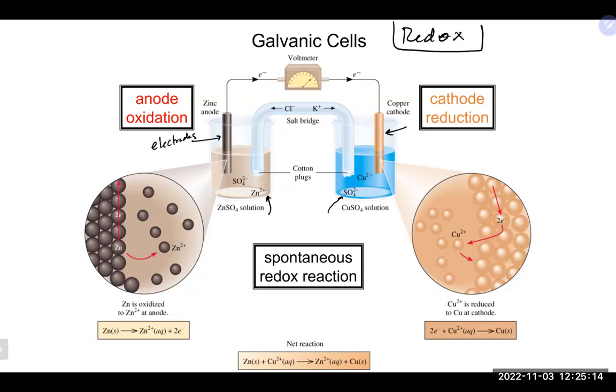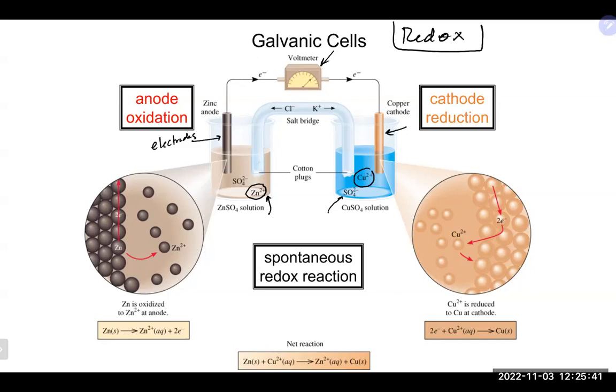In this case, we have a zinc electrode on the left, and we have zinc ions floating around in the solution there on the left because that's the zinc one. Here we have the copper one on the right, and we got some copper ions floating around in that solution on the right as well. They are usually connected via a wire, and maybe you have a voltage meter there where you could test the voltage.